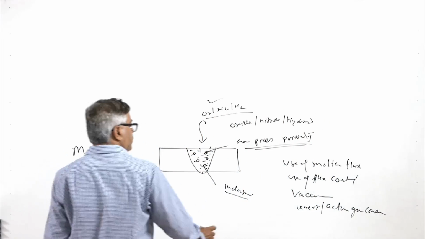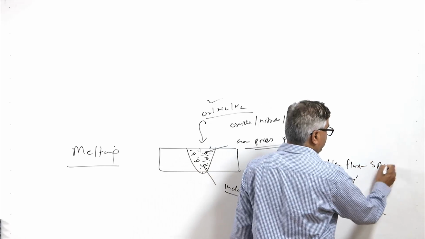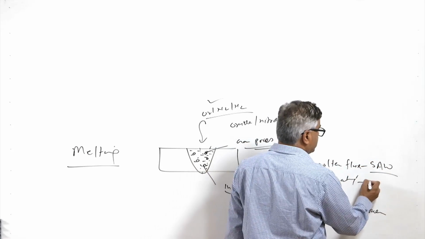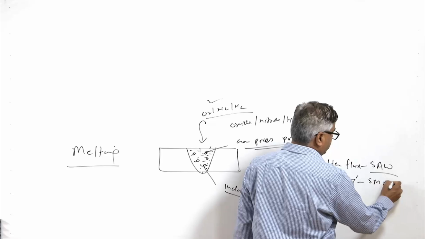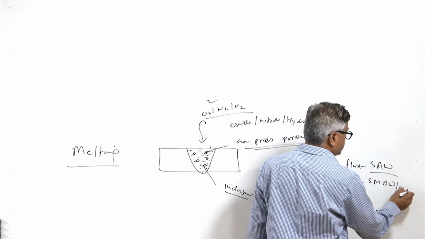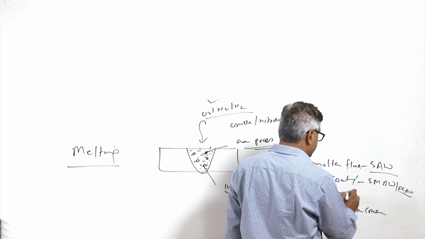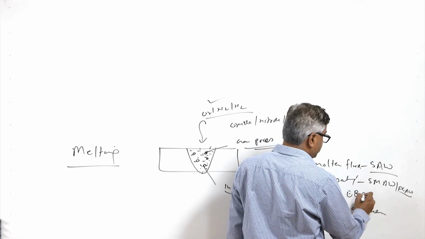So, these are the approaches which are used. Use of molten flux is used in the submerged arc welding process. Flux coating is used in the shielded metal arc welding process, as well as in the flux cored arc welding process, and then vacuum is used in the electron beam welding process.